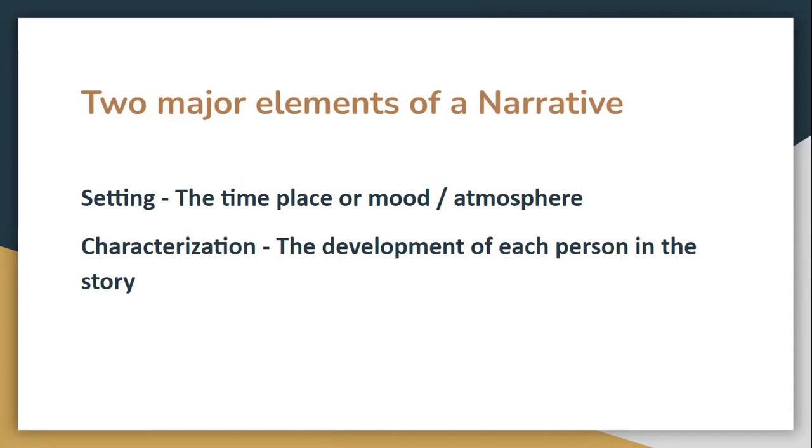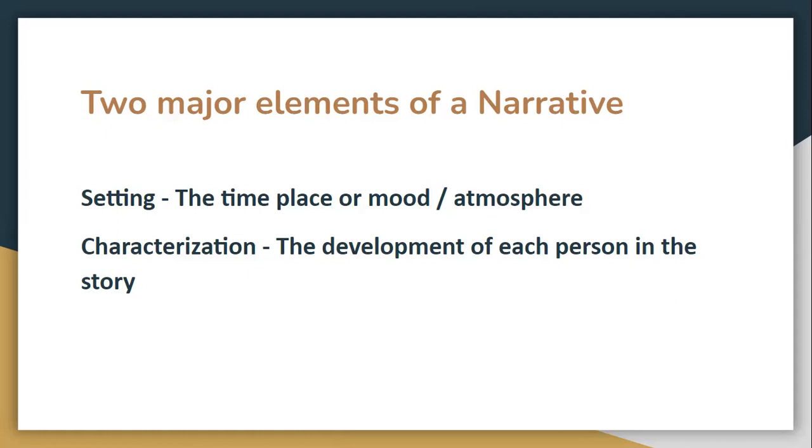And characterization, which has to do with the development of each person in the story. And we focus on characterization because we have to remember that we don't want a one-dimensional character in our stories. We want somebody that is well-rounded.